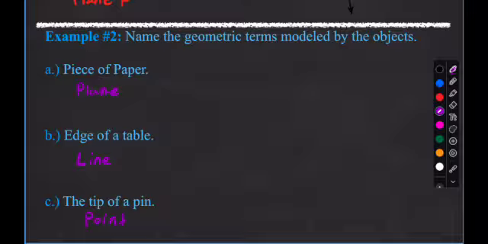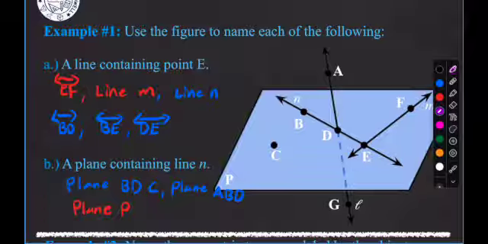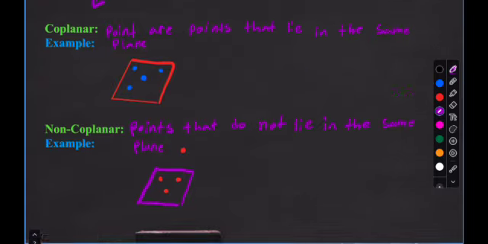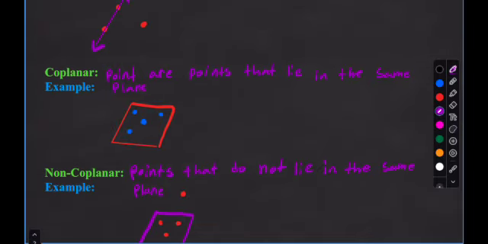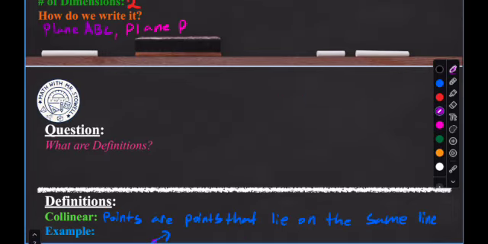So the last example wants us to be able to look through and be able to name points, lines, or planes based off of objects that we see around us. The first example wants us to be able to list off, at least name the lines. It wants us to be able to name the planes that we see. And we also went through what it means to be collinear, what it means to be non-collinear, what it means to be coplanar and non-coplanar. We talked about definitions, what definitions are.